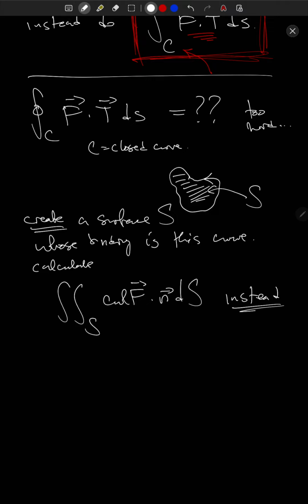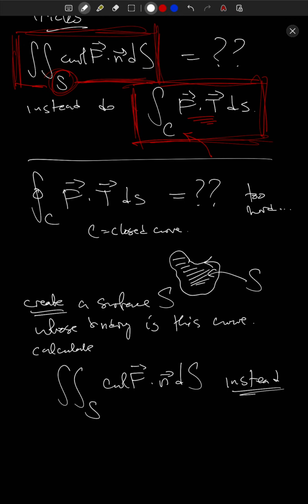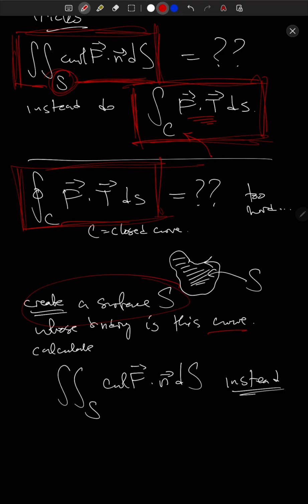This is a less obvious thing to do, because oftentimes if you just see this expression, you're just thinking of work. So you just think, parameterize and try to calculate, just a brutal calculation, which is fine. But if it is too hard, remember that you can fabricate a surface whose boundary is this curve, and then calculate using a different integral instead.